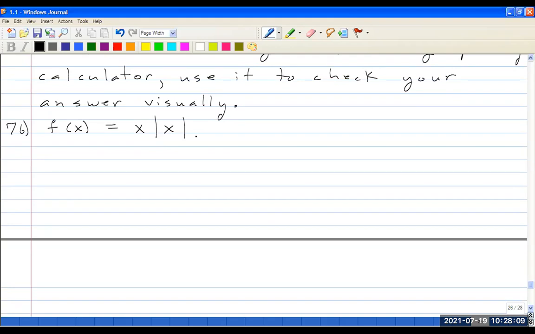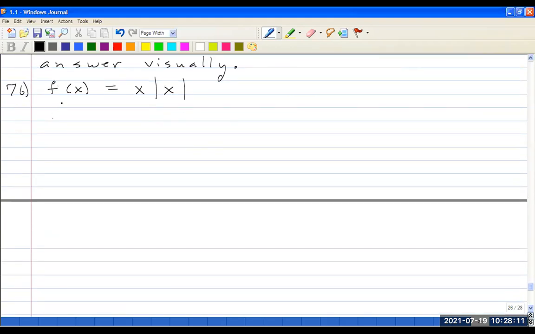For seeing if a function is even or odd, you always have to look at f of -x. So let's look at f of -x. Wherever you see an x, I'll replace x by -x.